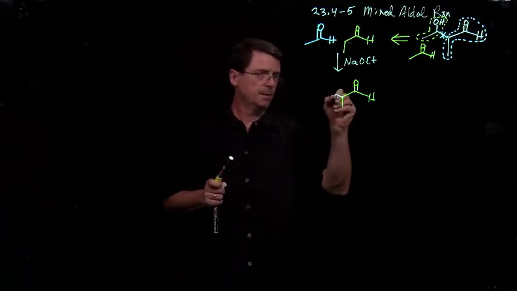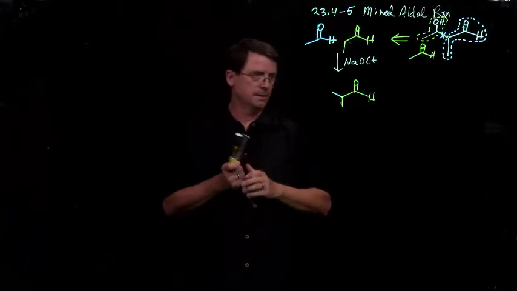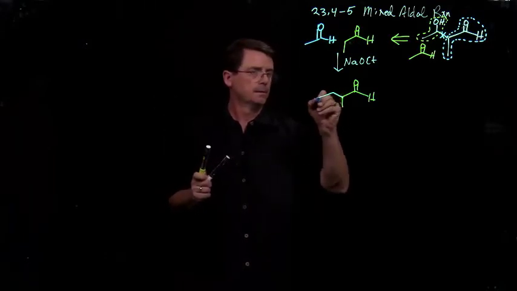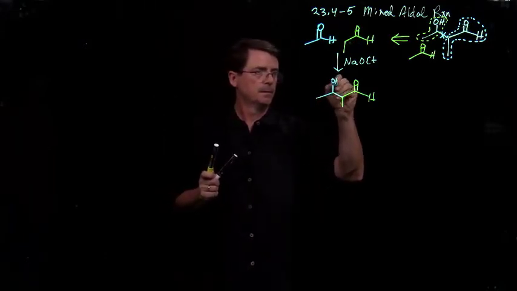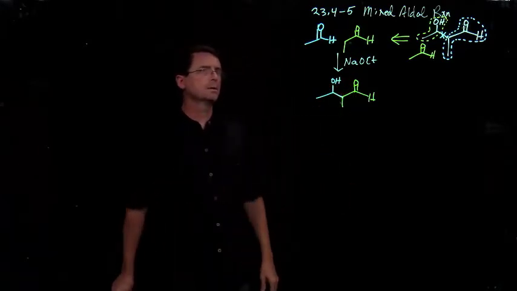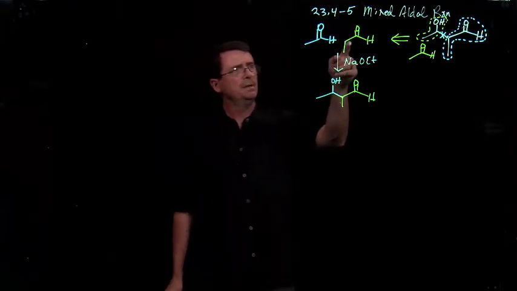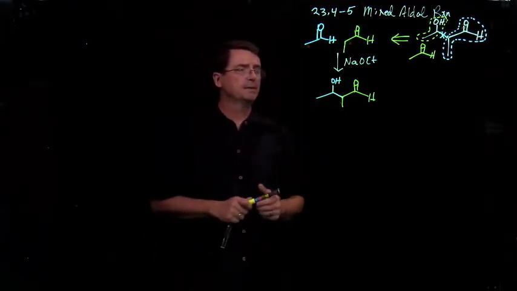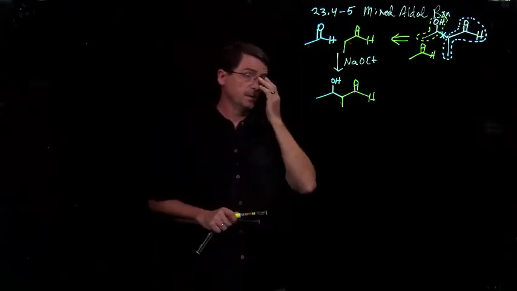We'll put in the bond that we're making here. So there are two components, but is that the only one we're going to get? Well, relatively speaking, we would expect the acidity to not be very different between those two.